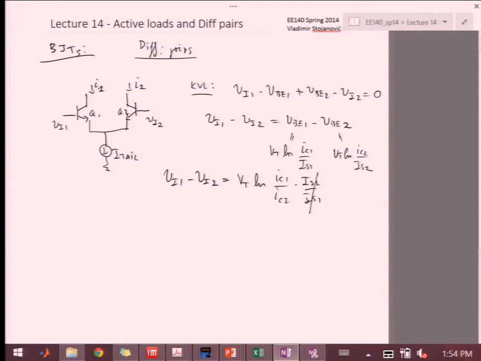And the ratio of currents will be equal to the exponential of VI differential over VT. So the ratio of the currents will be exponentially dependent on the difference of the input voltages. That means for very small changes in the input voltages, the currents will swing drastically around, right?